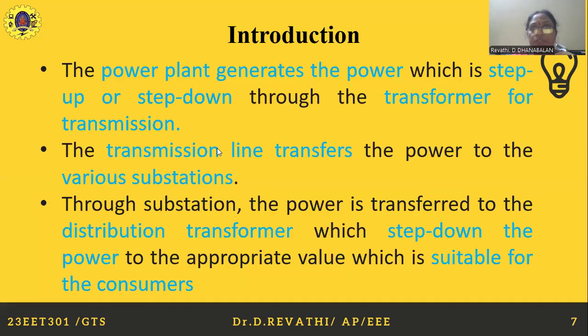In the power system, as needed, we step up or step down the voltage, and we transmit the voltage through the transmission line, and wherever we need, we step down or step up to a suitable value for consumers.